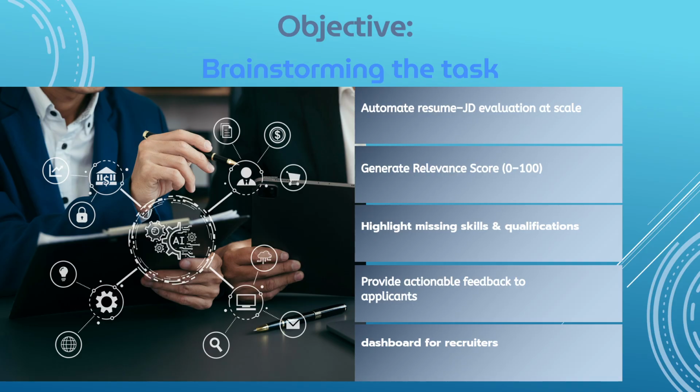Basically, we are going to allot marks for whatever resumes are uploaded by the admin or by the applicants, and then we are going to accept or reject based on the marks. We are also going to highlight the missing skills and qualifications of each applicant, and give them actionable feedback, which means we suggest courses and skills to be learned so they can develop themselves and grow in future.